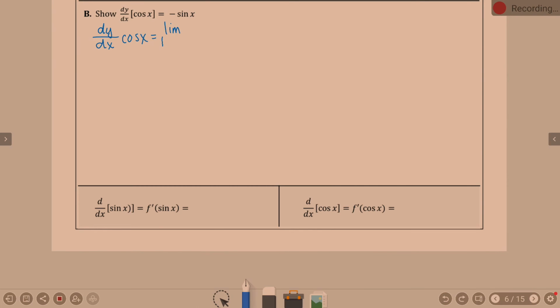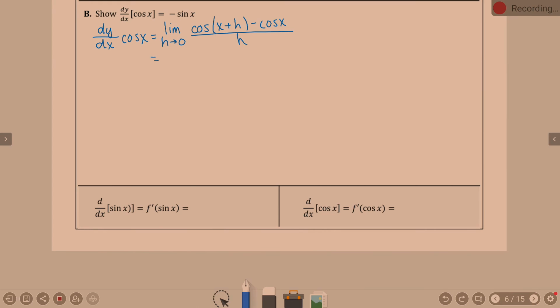as h approaches 0. This time it's going to be cosine of x plus h minus cosine x all over h. Then, in order to do something with that cosine of x plus h, we're going to have to use that sum or difference thing, yes?